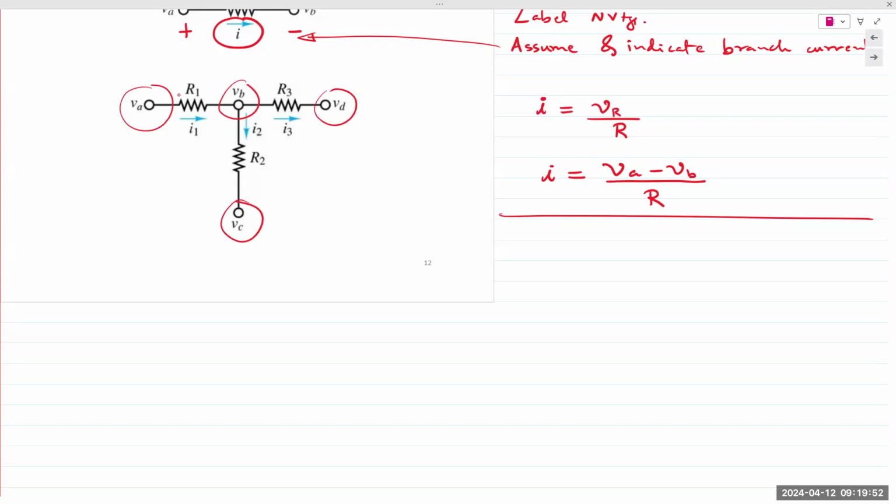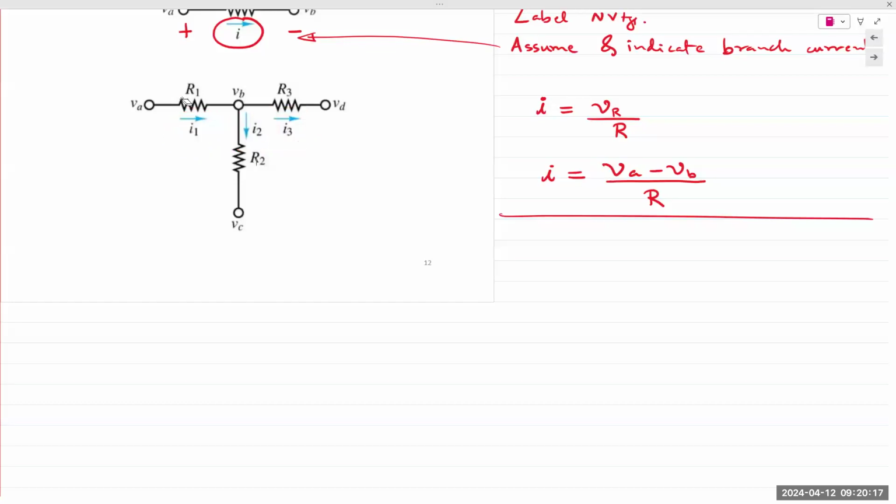In a problem statement, you may or may not be given the nodes. If not, you identify the nodes, label all the node voltages, in this case VA to VD, and make assumptions along with the current direction about the branch currents flowing through each resistor. So here we are given I1, I2, and I3.